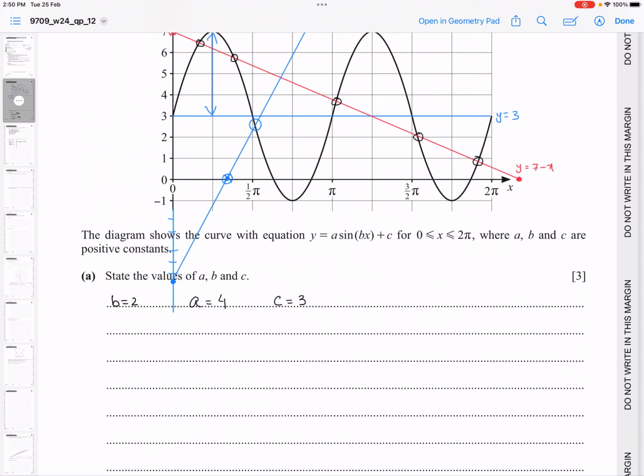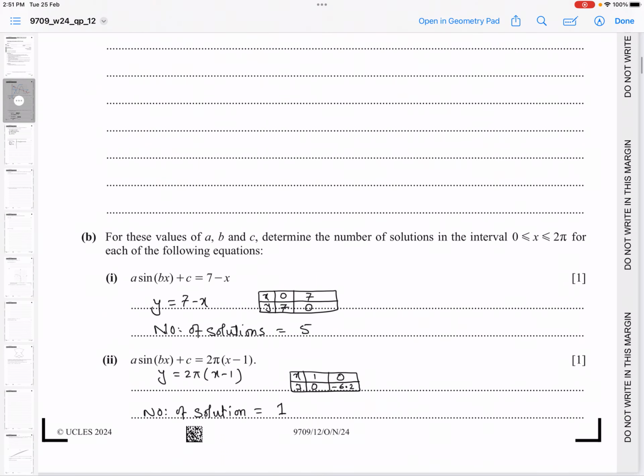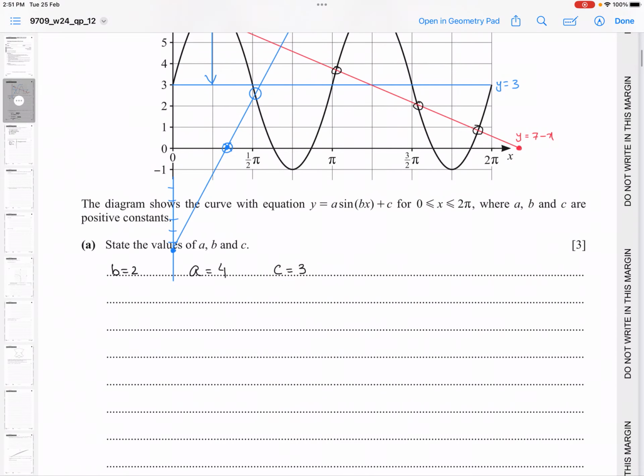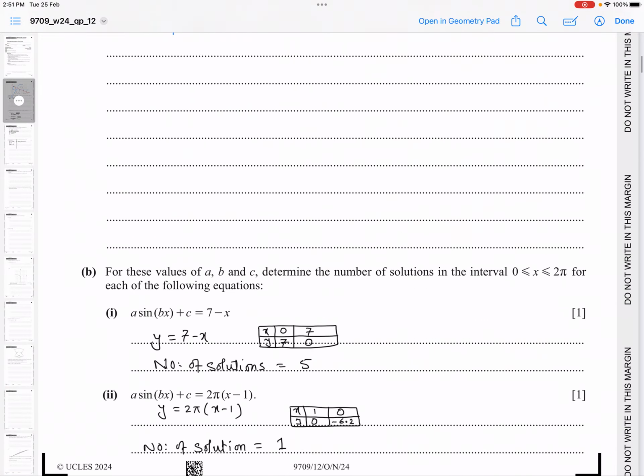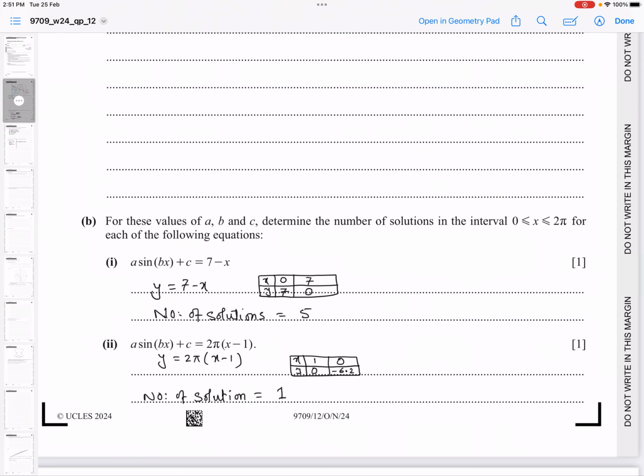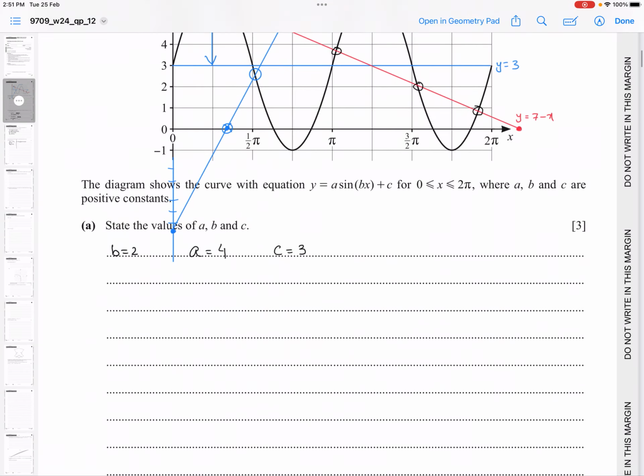On the x-axis, before pi by 2, I have circled it in blue. This is the point where x is 1 and y is 0. The other point: if I put 0 in x, I get y as minus 6.2.